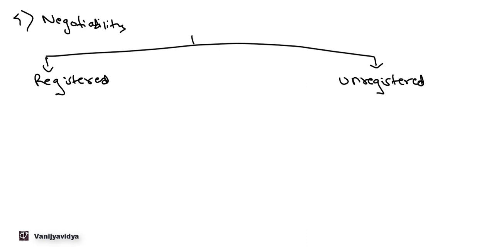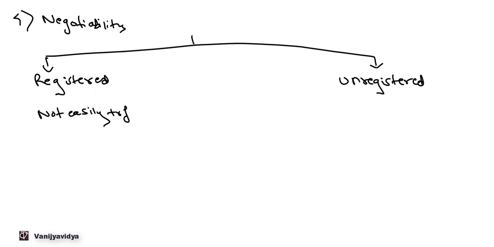In case of registered debentures, they are payable to registered holders, and these registered debentures are not easily transferable, and they need to comply with the provisions of the Companies Act for transfer.